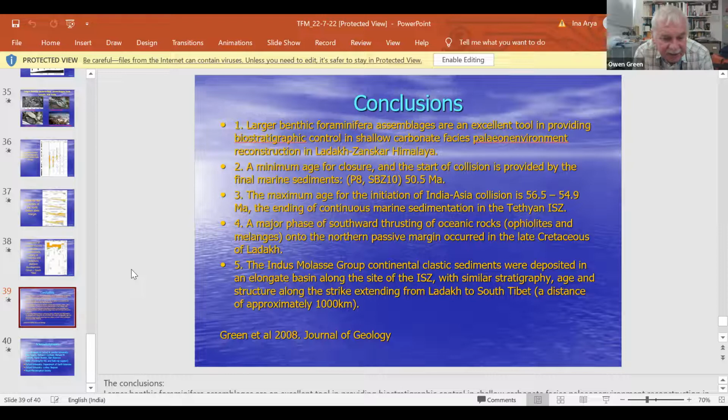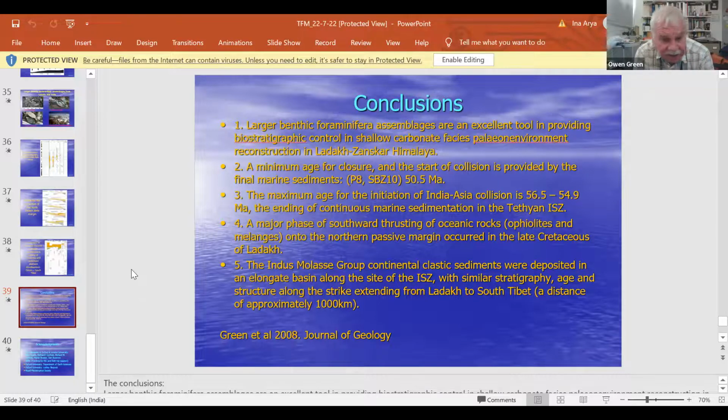And the Indus molasse group, continental clastics, were deposited in this elongate basin with a similar stratigraphy, age and structure along the strike, which extends for thousands of miles along Ladakh into southern Tibet. So that was basically our work.